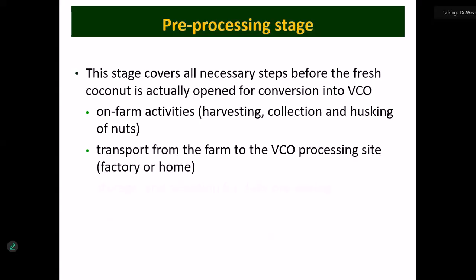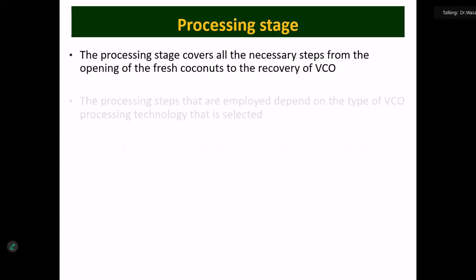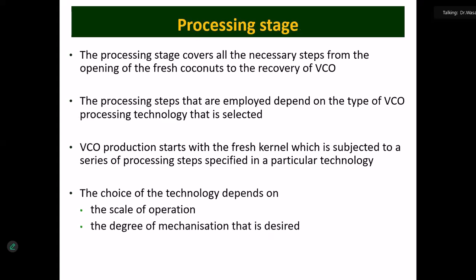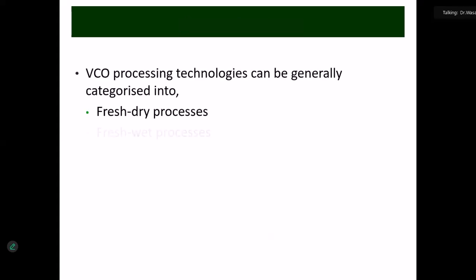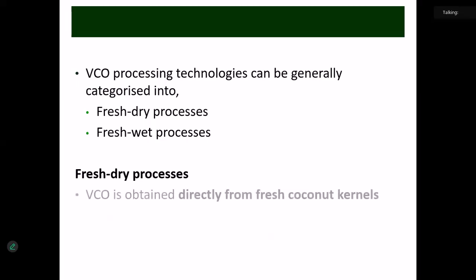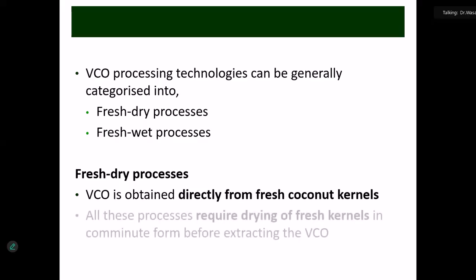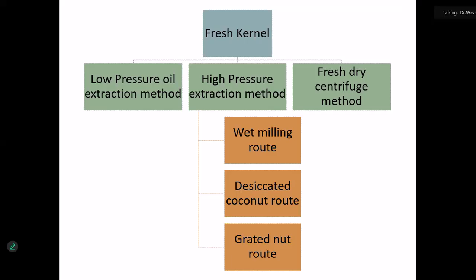In processing there are 2 methods: press dry and press wet. Press dry means directly from press kernel. Press wet means we are making coconut milk. In press dry I discussed different methods: low pressure, high pressure, and press dry centrifuge.